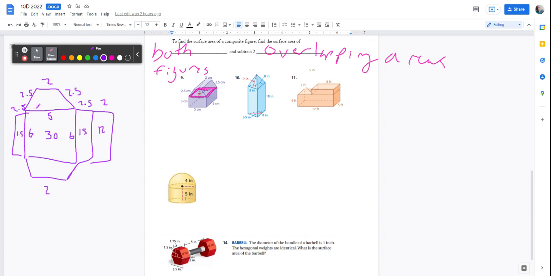Trapezoid, base is 5, the other base is 2, so 5 plus 2 is 7. 7 times 2.5 is our height, so we do 7 times 2.5 divided by 2, which is 8.75, because the little height there is 2.5.